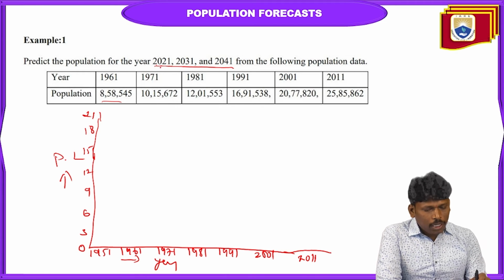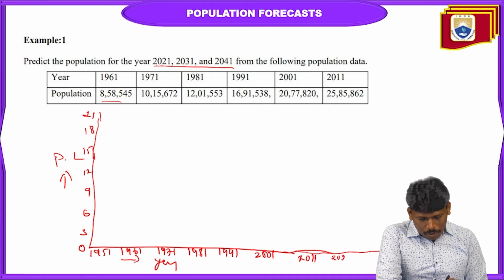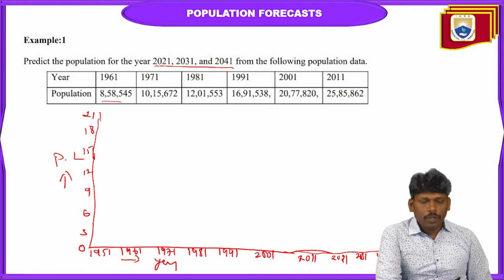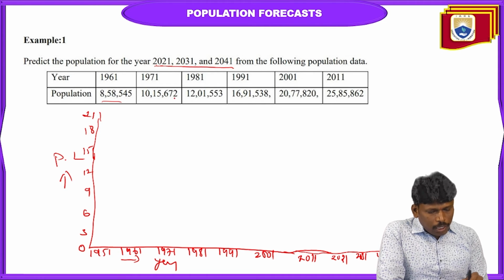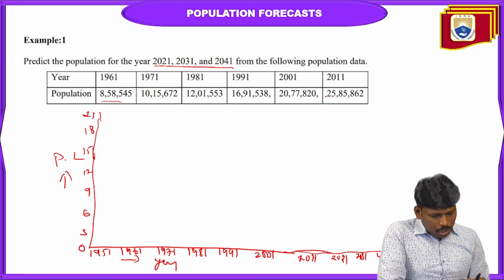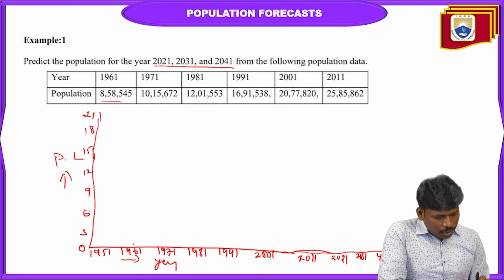Actually, now I need to estimate the population in 2021, 2031, 2041. For that, I am just extending this curve like this. So here it is for 2021, 2031, and 2041. This data we already have till 2011. You just plot on this graph.